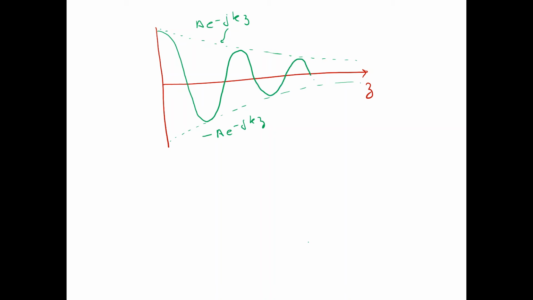As this function goes forward, it is now going to be your A e^(-jkz), not k but n_r, k_0 n_r z, times cos(ωt - k_0 n_r z).